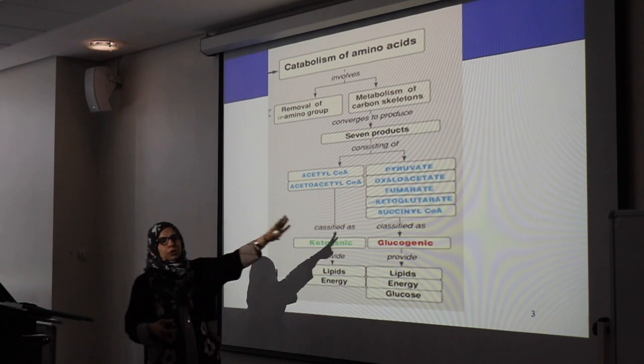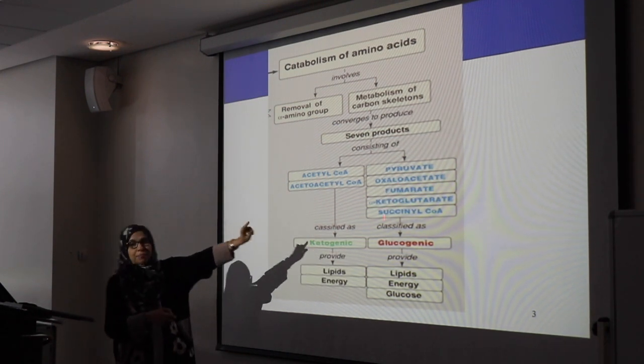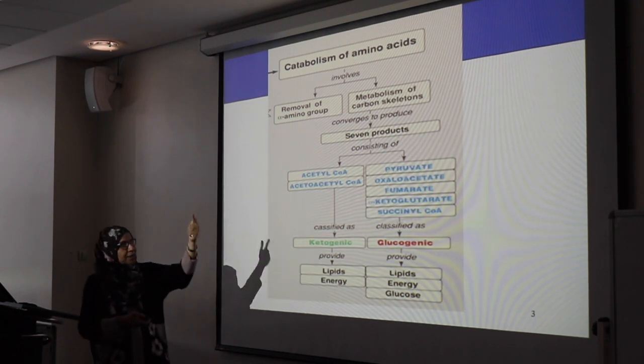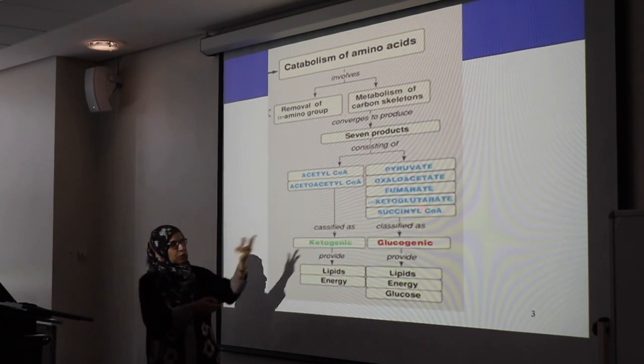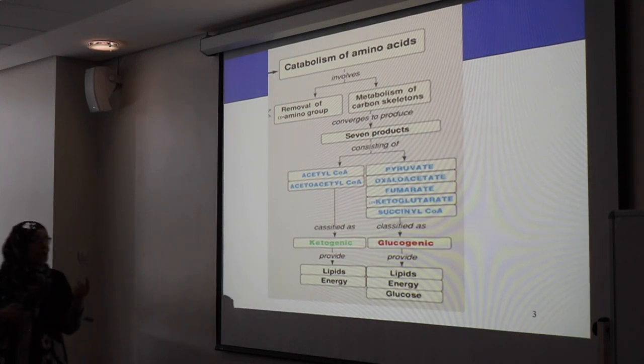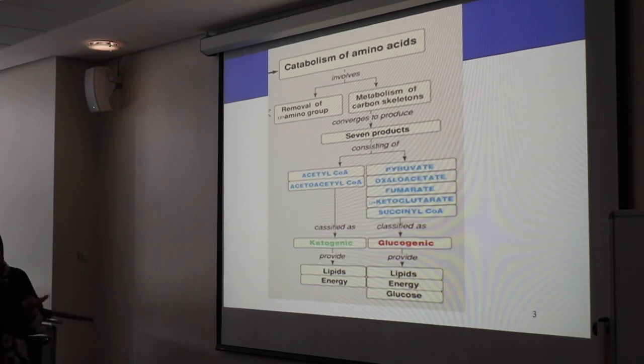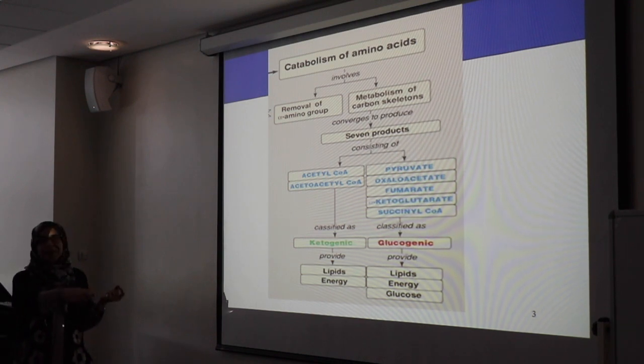Great. What about those 5? What is common about those 5? Glucogenic. 4 of them are in the Krebs cycle. Fumarate, oxaloacetate, alpha-ketoglutarate, and succinyl-CoA are intermediates of the Krebs cycle, right? And we have pyruvate, which is the end product of glycolysis. What is common among all of them?